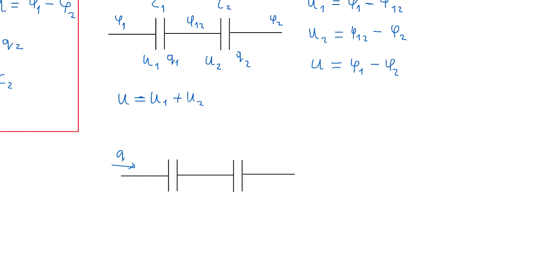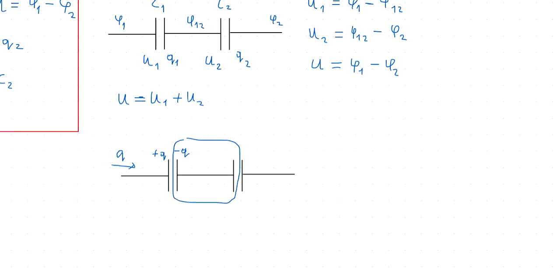If we do this, the left plate of the first capacitor will obtain the charge plus Q. And of course the right plate will obtain the charge with the same absolute value but with another sign, minus Q. But we know that the right plate of the first capacitor and the left plate of the second capacitor are the same conductor.